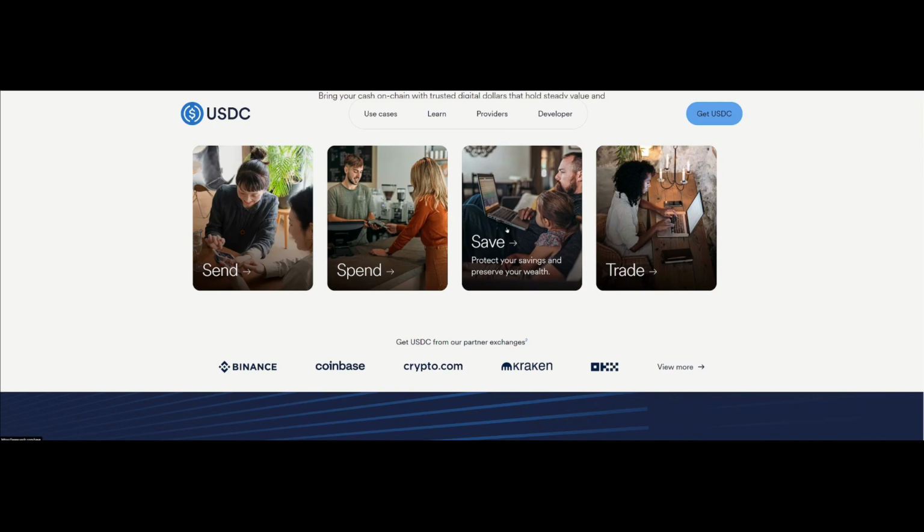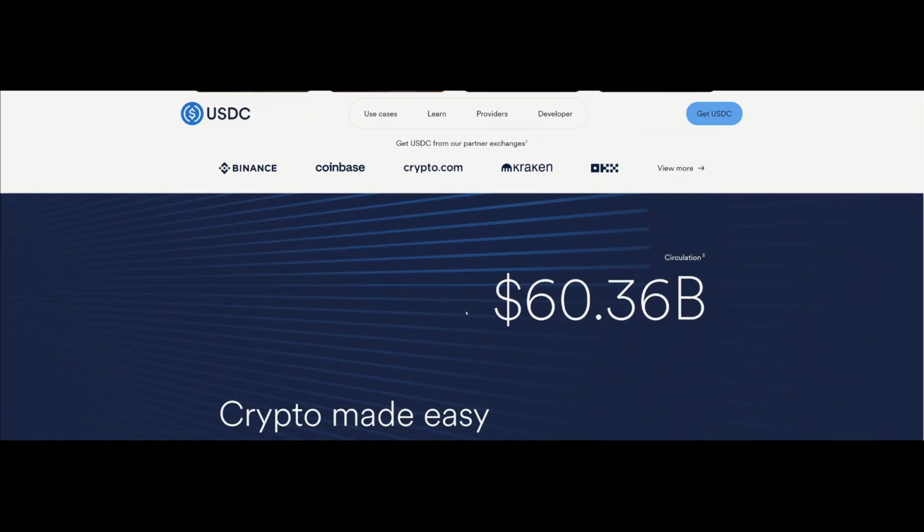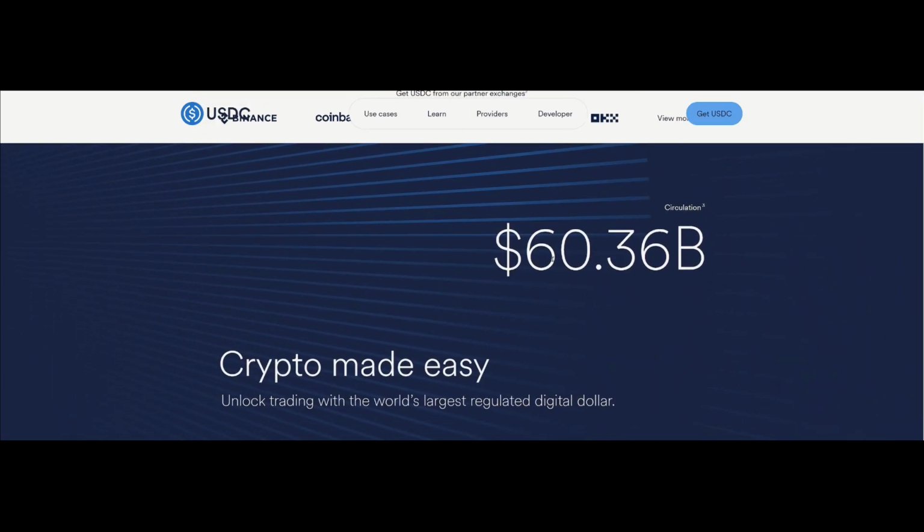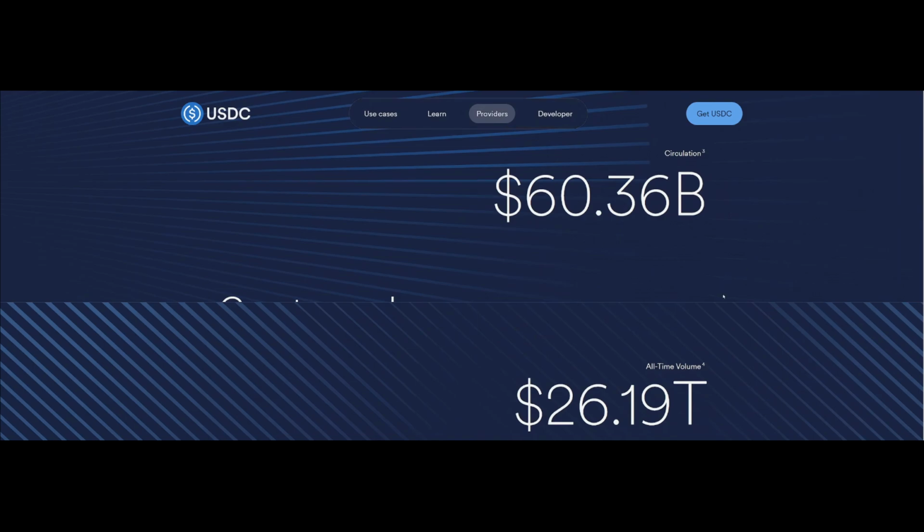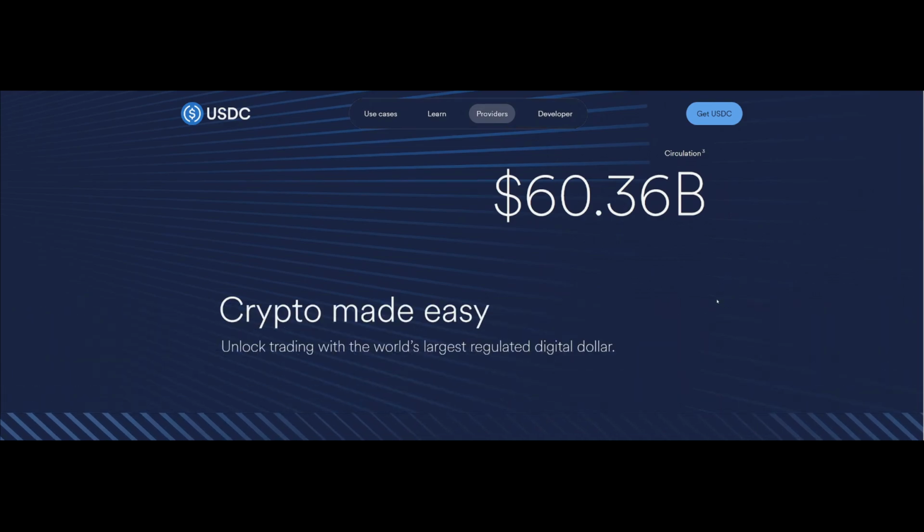Okay. Just doing this stuff online, moving digital money. You can trade, which is mitigating volatility and execute trades on the top exchanges. Look at that. Binance US, of course, Coinbase, Crypto.com, Kraken, OKEx, and more to see. In circulation right now, there's $60 billion, right?